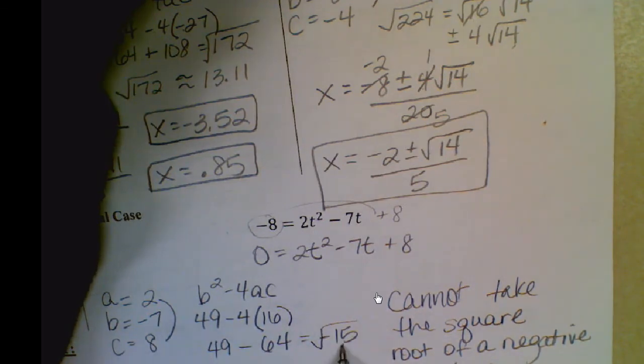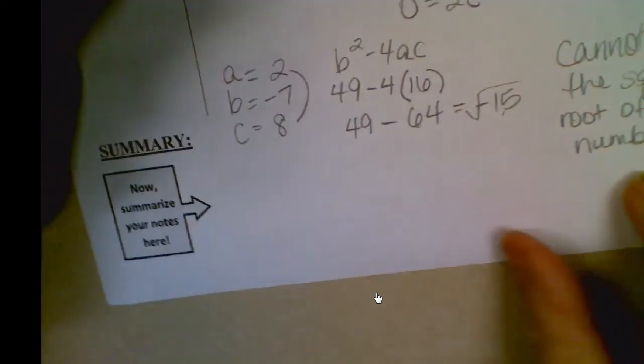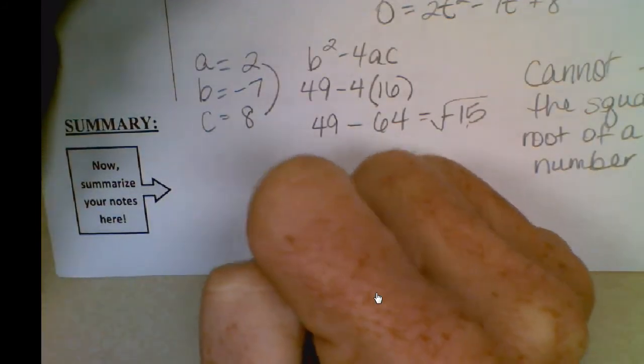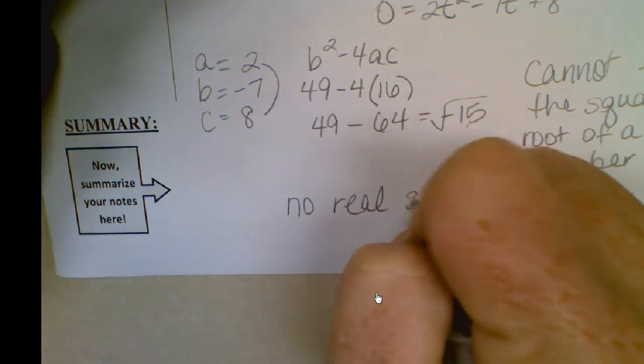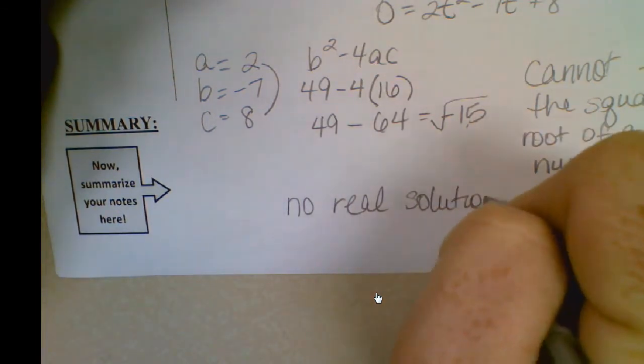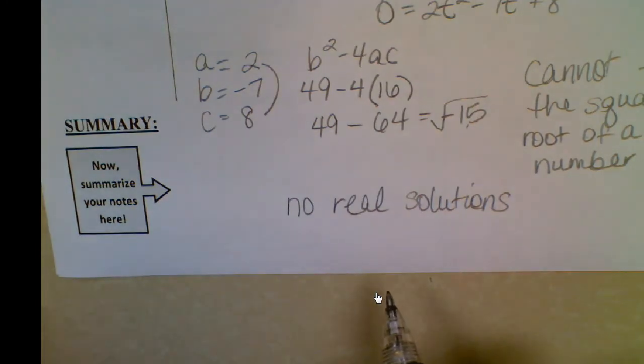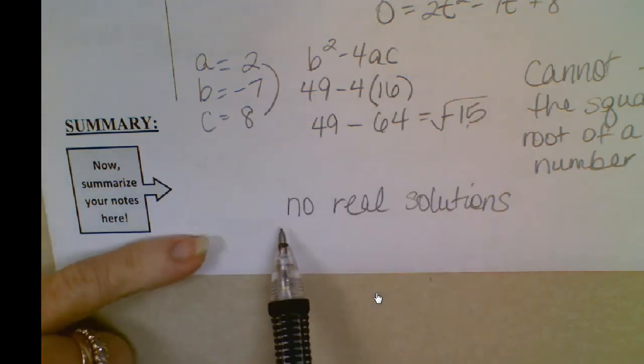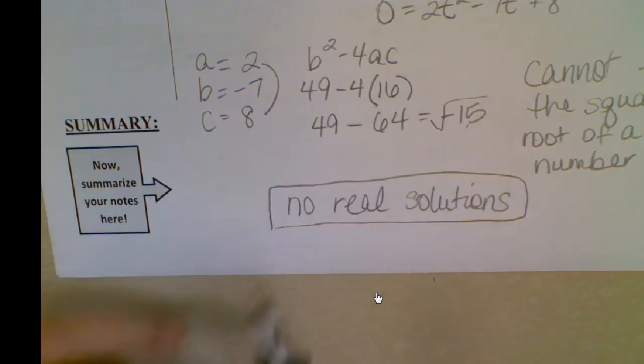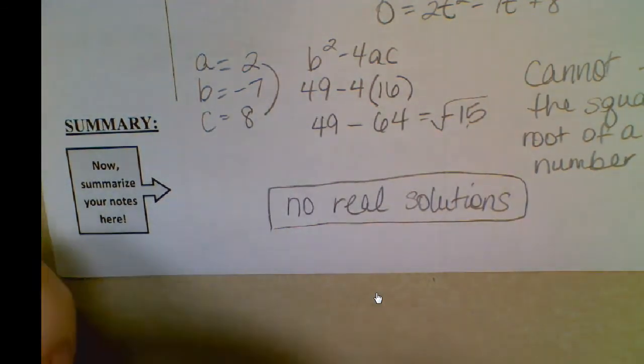So here's a case of our discriminant was negative, so we can't take the square root of that. So what we say is there are no real solutions. And the real is important in there because that actually has 2 imaginary solutions, but you'll have to just wait in anticipation until Algebra 2 to figure out how that goes. So we're going to say no real solutions. And now you know everything there is to know about quadratic formula.